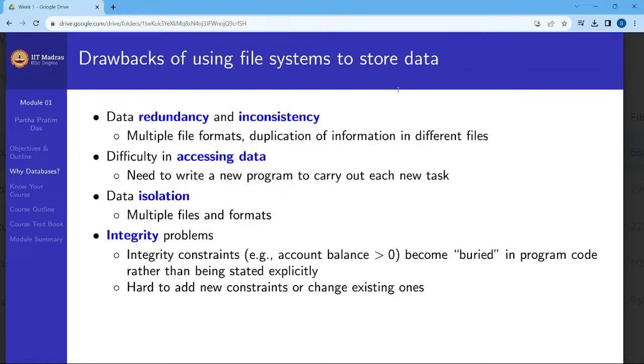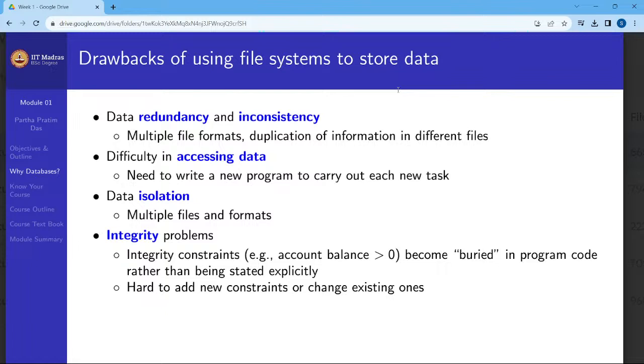In the foundation term, you might remember file systems from Python, the file handling problems, writing into file, reading from file, appending to file and all.